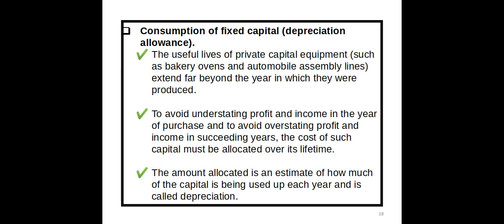Each year, the baker can depreciate $1,000 worth of value off of that oven, and that way they don't just have the price of that oven in one given year. They can spread it out over the lifetime, and it shows us what is being used up each year.